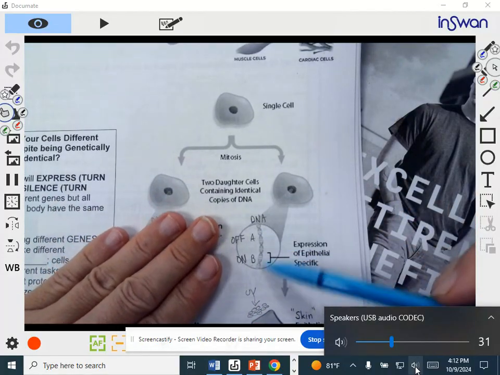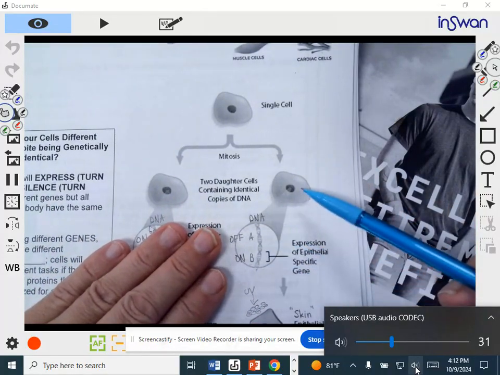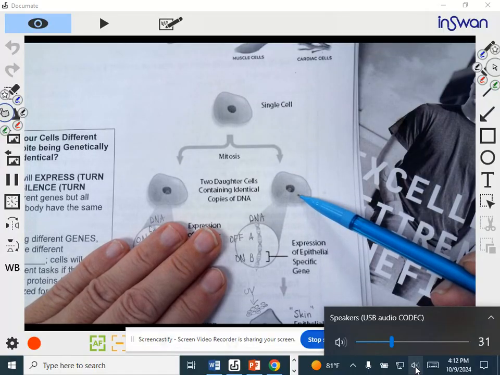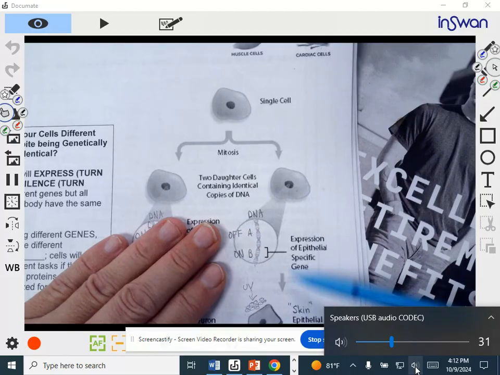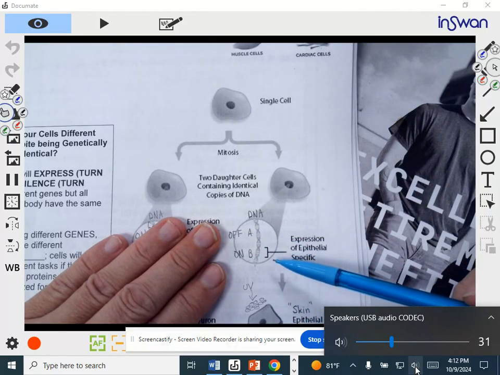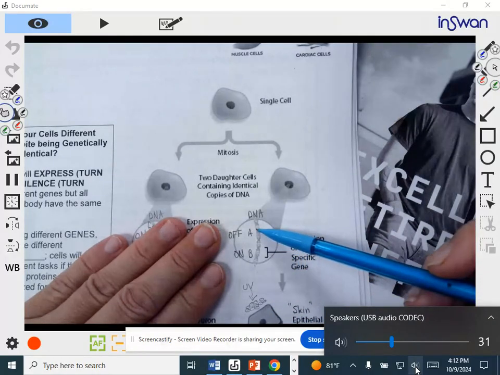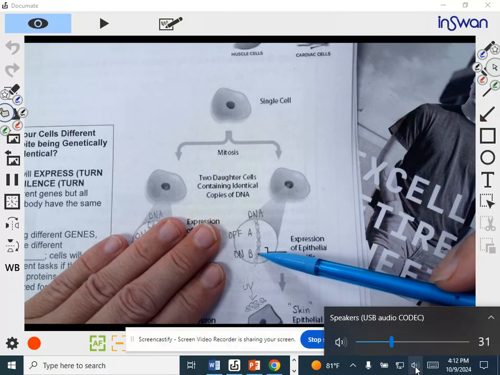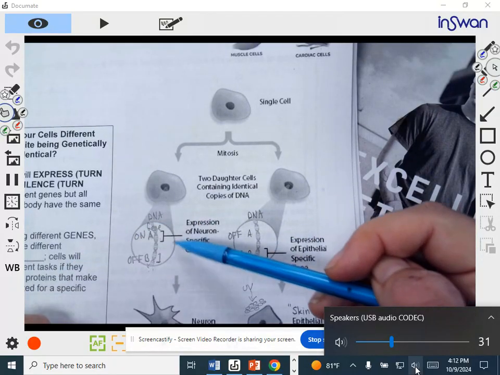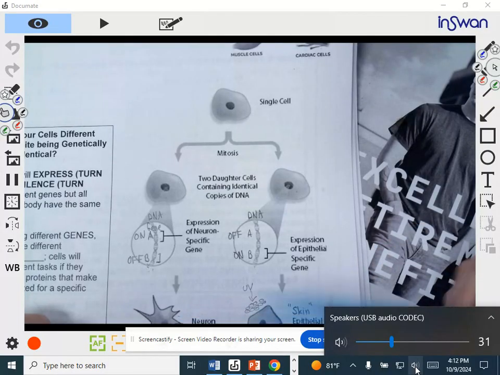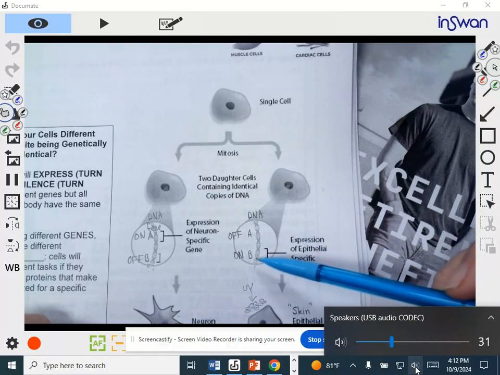So again, it has DNA. If this stem cell gets a certain type of signal, then it can differentiate into a skin cell instead of a nerve cell. And the reason it'll do that is it has both of those genes as well, but it's going to turn on and off different genes than the cell that turned into the nerve cell. So gene A in this case is off, and gene B is on.